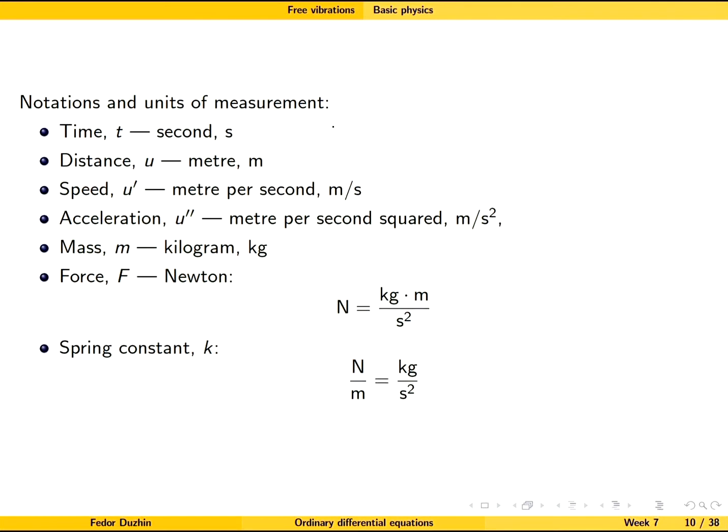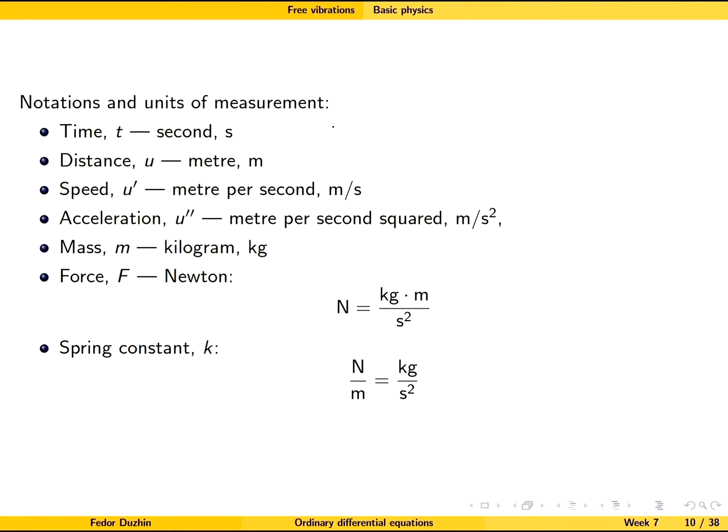Now, some notes on notation: in questions related to real life or to physics, it is important to keep track of notation and of units of measurement. So here time is measured in seconds, for example. Well, it may be measured in minutes.